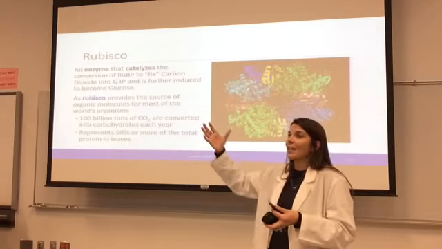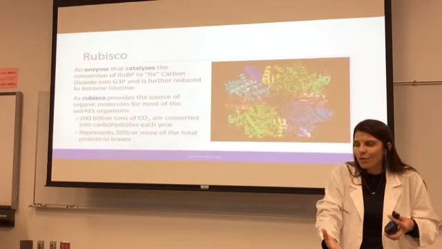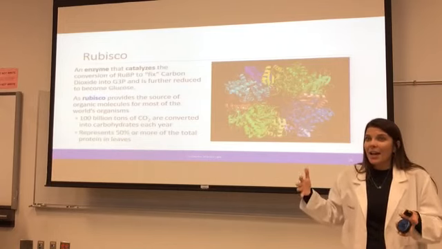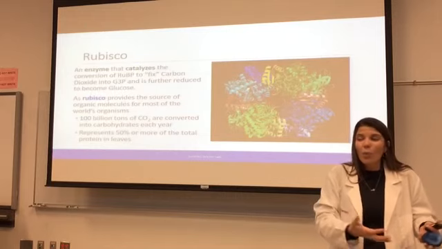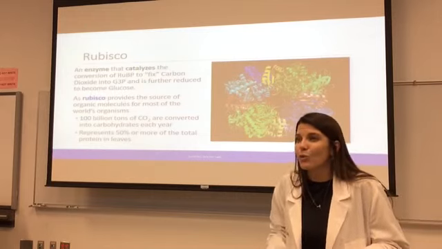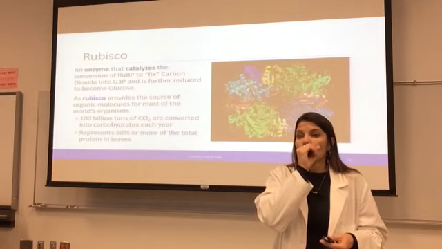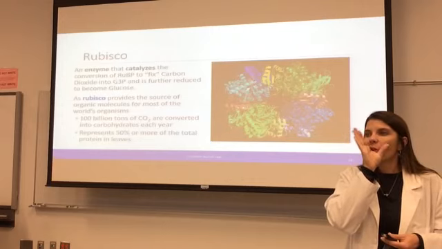Rubisco is an enzyme that can take our waste from our vehicles, waste from our body, and turn it into glucose, food. And what type of organisms need glucose? All living organisms.